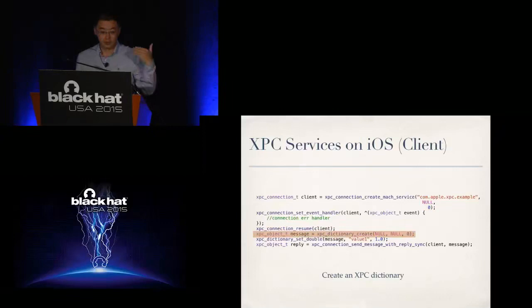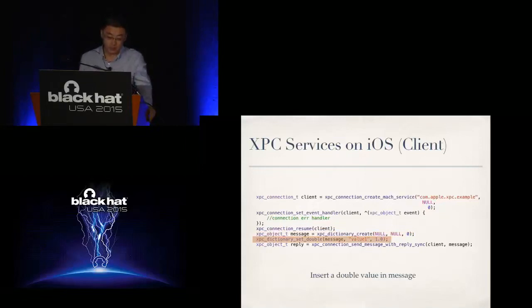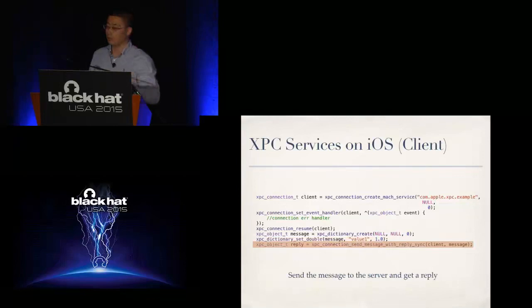Basically you just create an XPC dictionary. It's a key-value paired container data structure. You can insert other XPC objects into the dictionary with a key and a value. For example, in this example, I insert a member. Its name is value1. Its real value is 1.0, in the type of double. And now we can send it to the server and get a reply. So it's pretty easy to use.